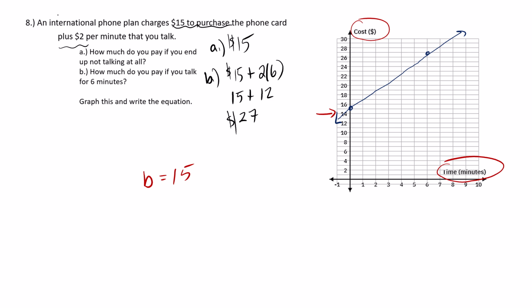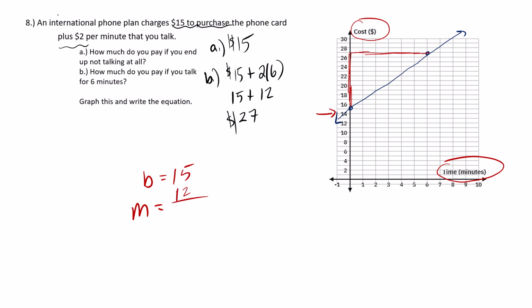Now, to get the slope, we need to look at the rise over the run. So I'm going to sketch that in. My rise is going from 15 up to 27. So you might count 1, 2, 3, 4, 5, 6, 7, 8, 9, 10, 11, 12.